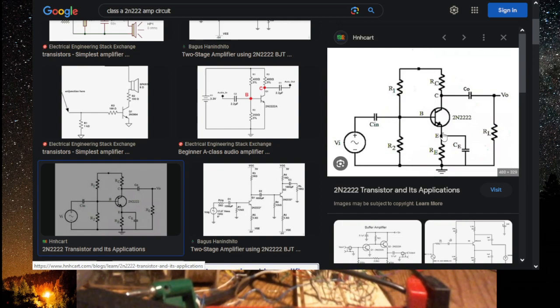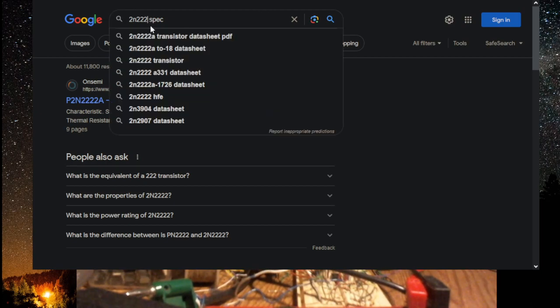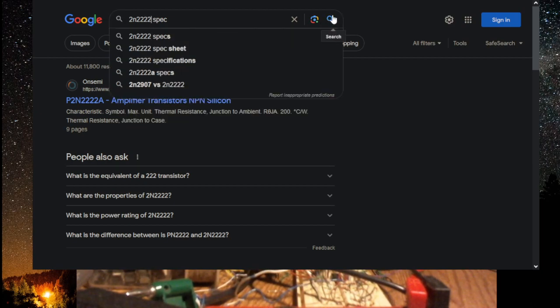So this circuit on the right here, 2N, okay, so if we go to another web page, 2N, there's this one, that should have another 2 in there, and then we're going to look up another one, 2N3904, and I don't remember which is which here, 2N3906.